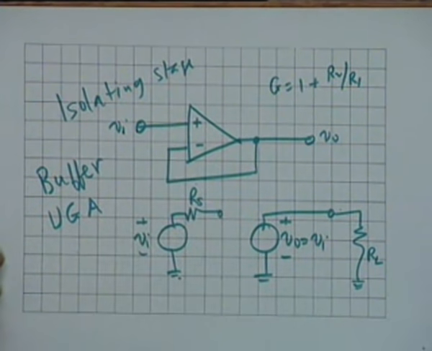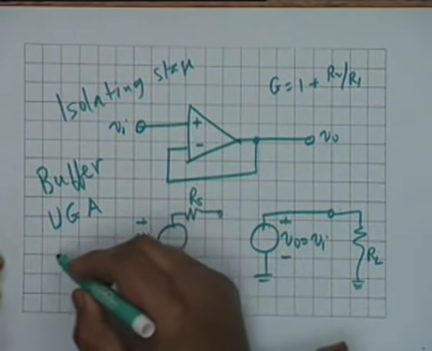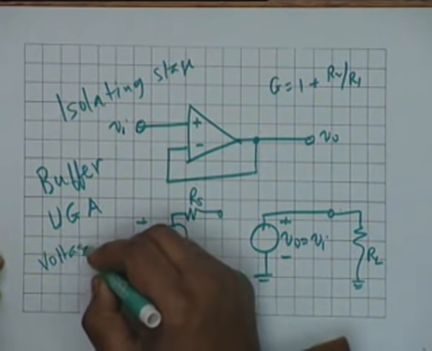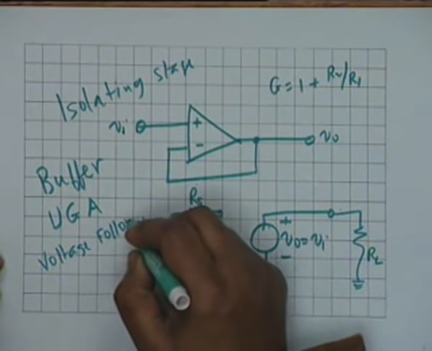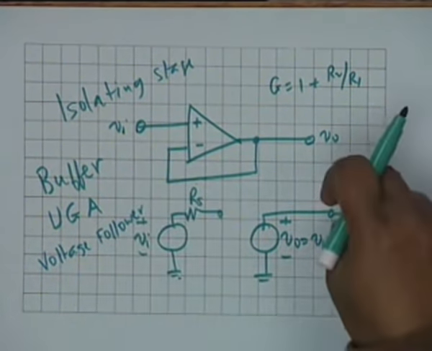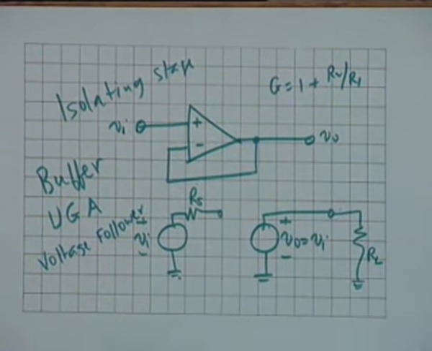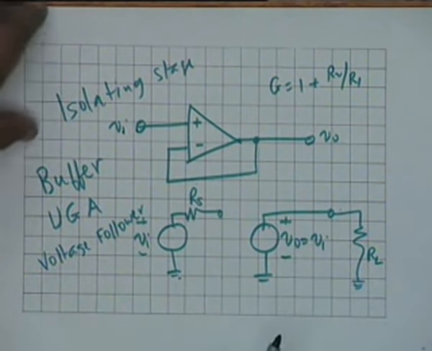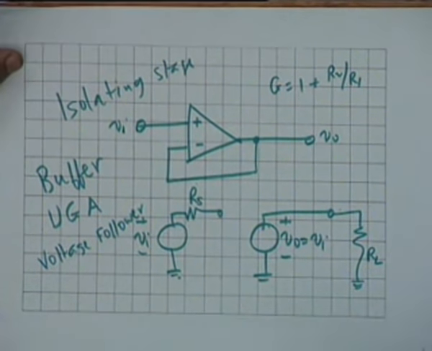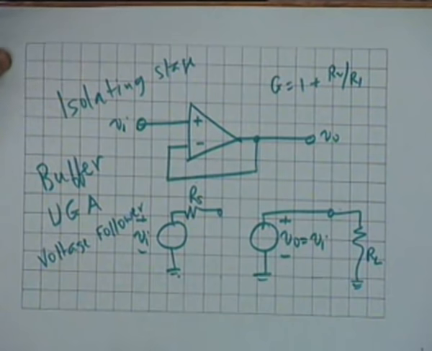It is also called a voltage follower, that is, the output voltage follows the input voltage. It is a very important circuit to get a gain of +1.